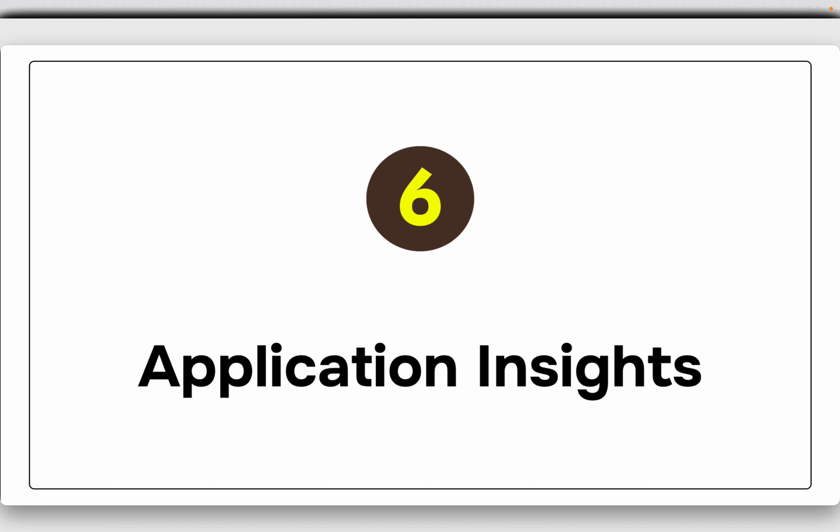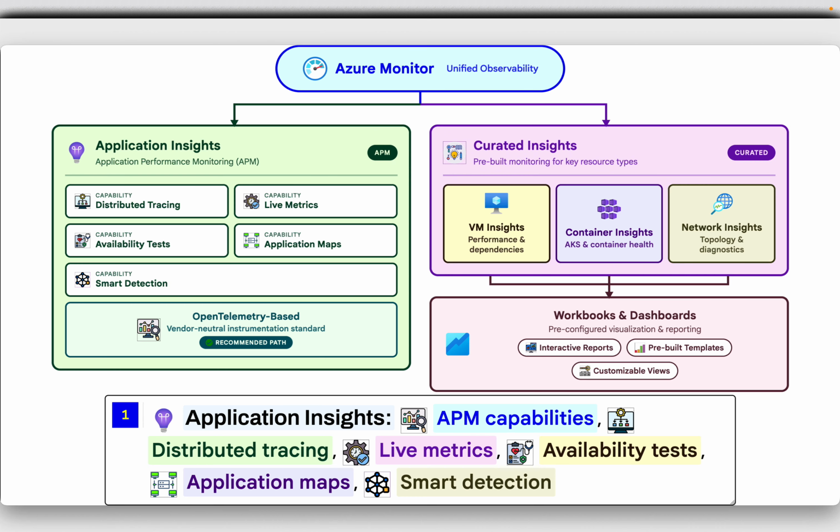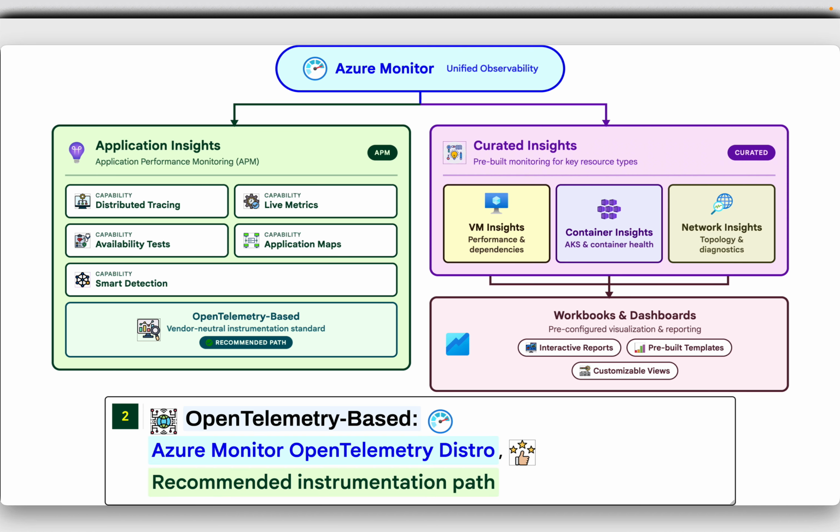Sixth topic is Application Insights. Application Insights provides application performance monitoring capabilities, including distributed tracing, live metrics, availability tests, application maps, and smart detection. Application Insights is now OpenTelemetry based.